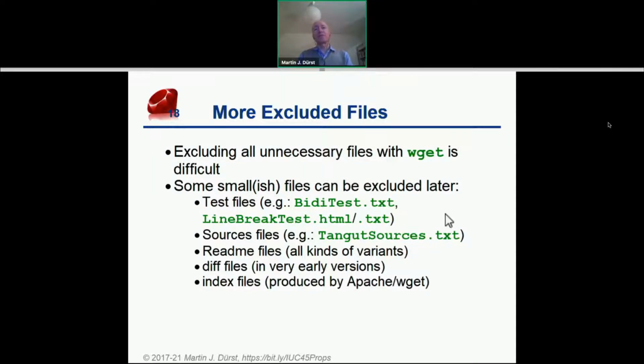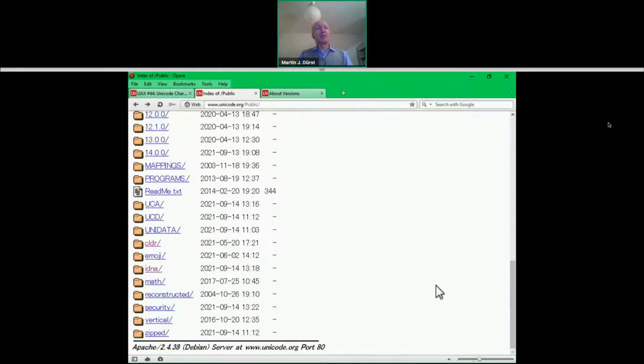It would, for example, for the test files, it would be possible to somehow construct some new theory about properties that they use for testing, but Unicode definitely doesn't look at these as test files. And also then there were some others like README files, diff files, and also the index files like this, for example, the HTML file that shows this directory index.